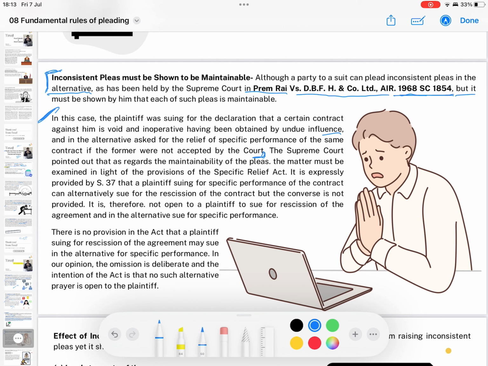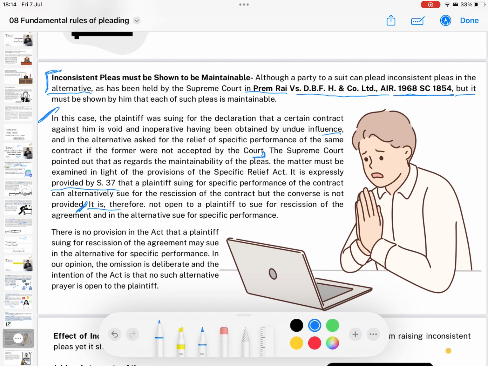The Supreme Court pointed out that as regards the maintainability of the pleas, the matter must be examined in light of the provisions of the Specific Relief Act. It is expressly provided by Section 37 that a plaintiff suing for specific performance of the contract can alternatively sue for the rescission of the contract, but the converse is not provided.